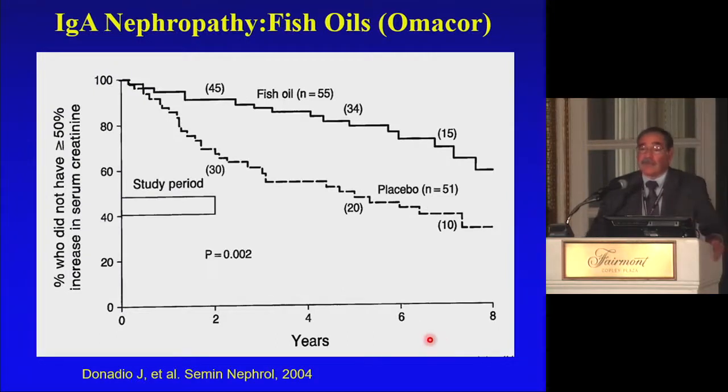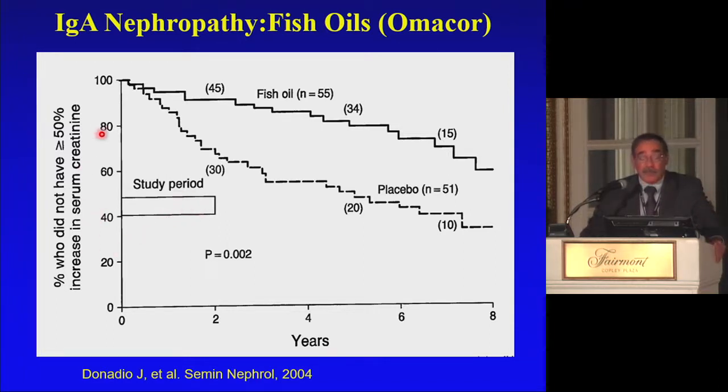These are the best of the studies in terms of positivity. This is Jim Donadio's series of studies from the Mayo Clinic and his collaborative group, looking at a 2-year period of Omacor, which is a high-content omega-3 fish oil.